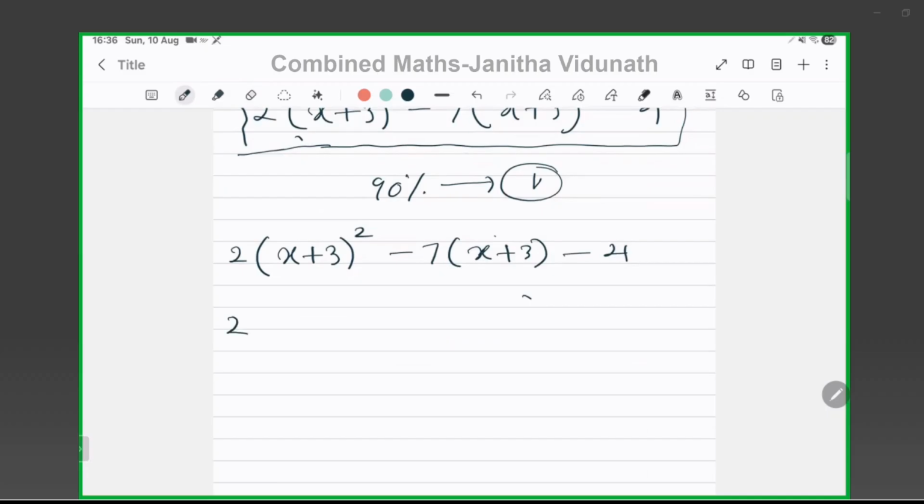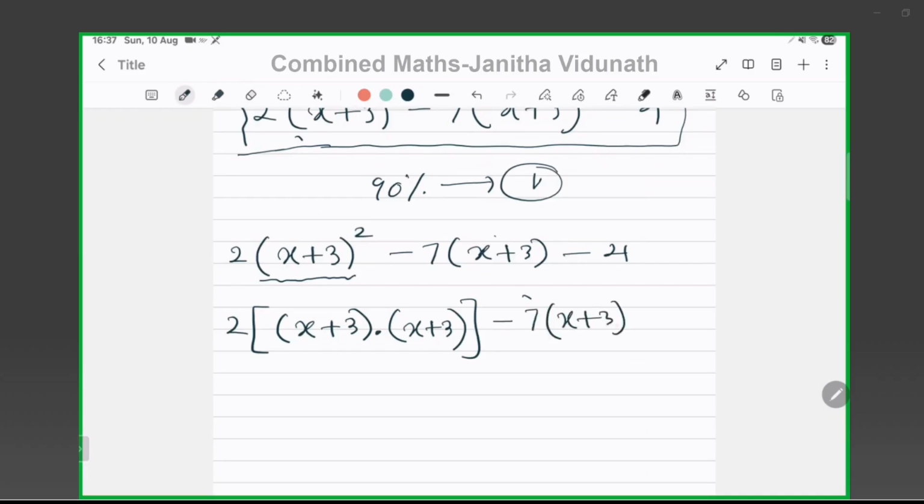Here we have 2 and x plus 3 whole square. We can simplify it as x plus 3 times x plus 3, and there is a minus 7 times x plus 3 minus 4. This is method 1.